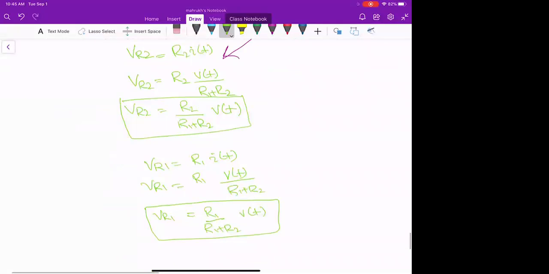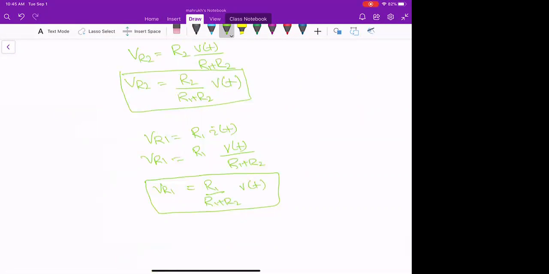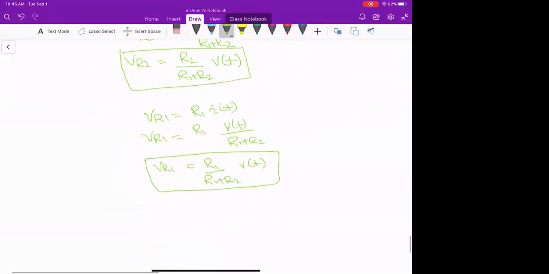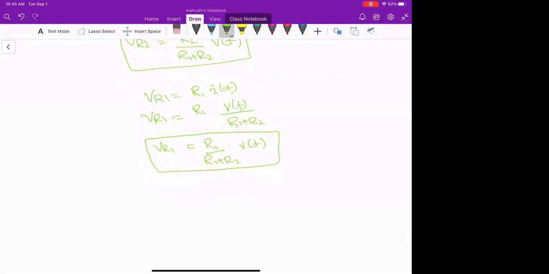Okay. Another interesting thing is that if you know about transfer functions, have you heard about them in some class or something? Okay, so transfer functions are when you define output by input, right?